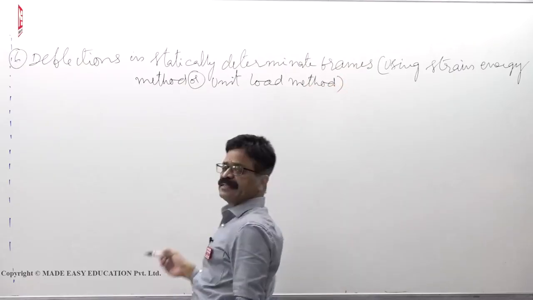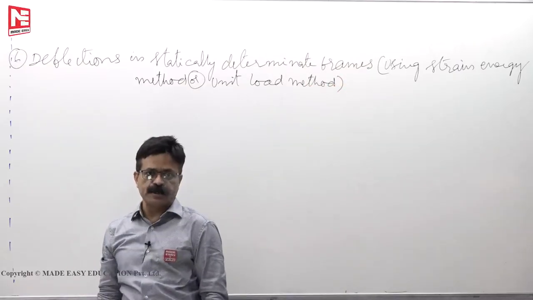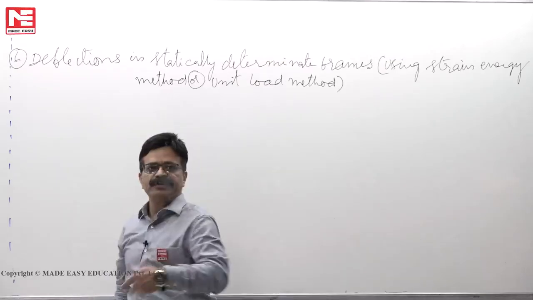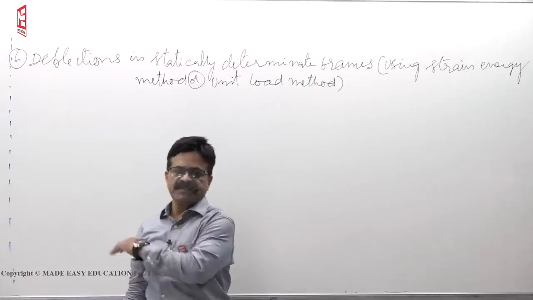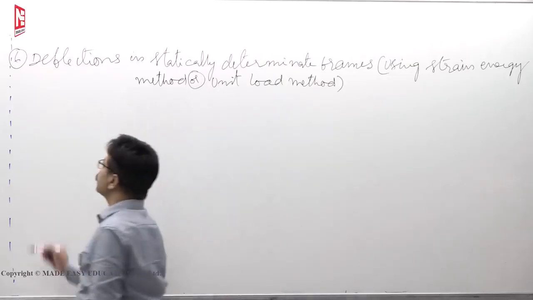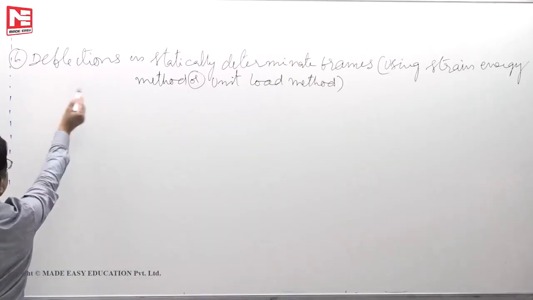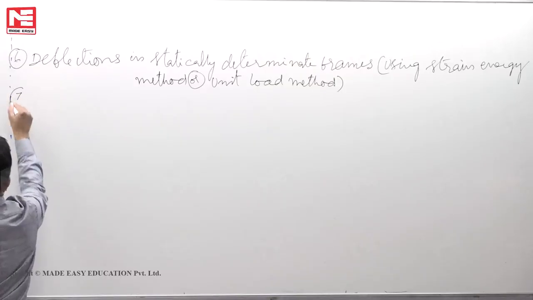This unit load method comes under the force method of analysis. Okay. Wherever you are using a unit load, it is a force method or compatibility method, because that is derived for such cases only. So, deflections in statically determinate frames.